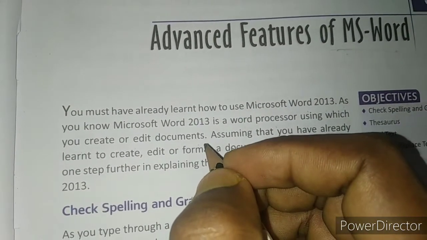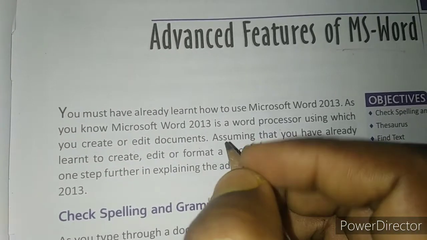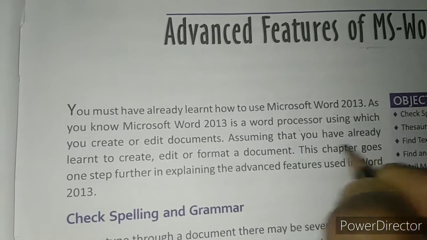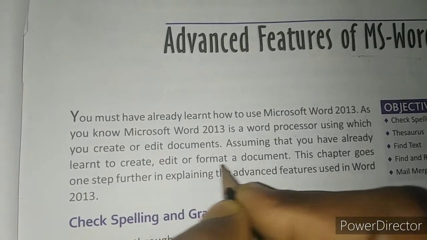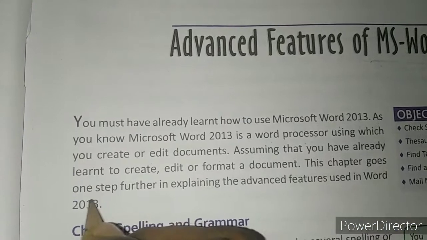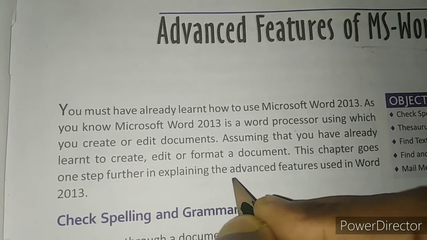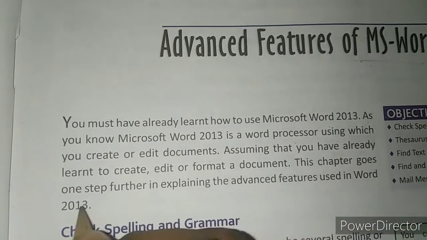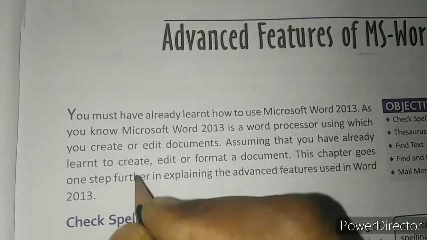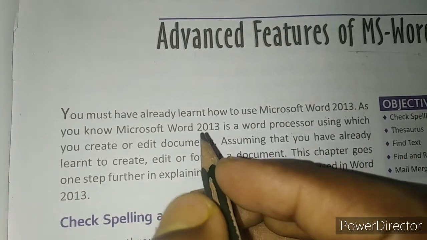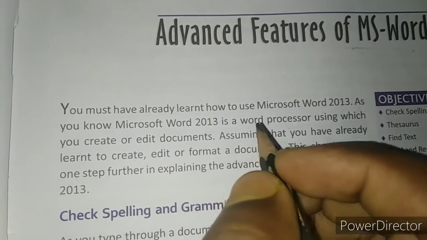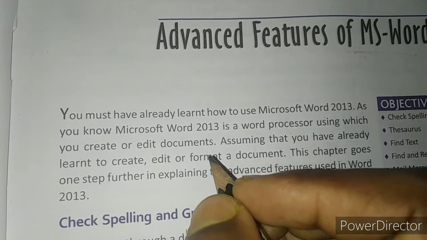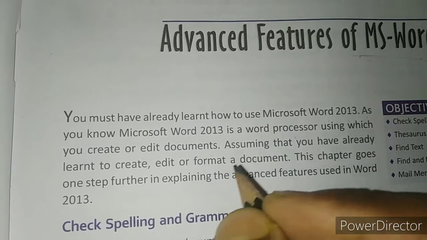Assuming that you have already learned to create, edit, or format documents, this chapter goes one step further in explaining the advanced features used in Word 2013. It means in this chapter it is assumed that you already know how to create a Word document, how to edit a document, and how to format a document.